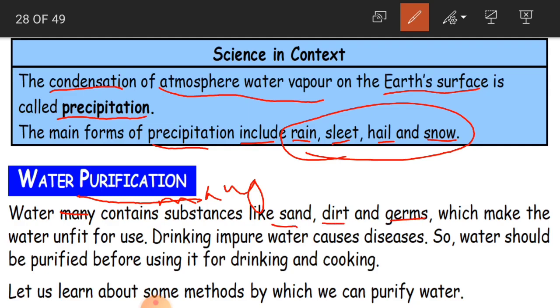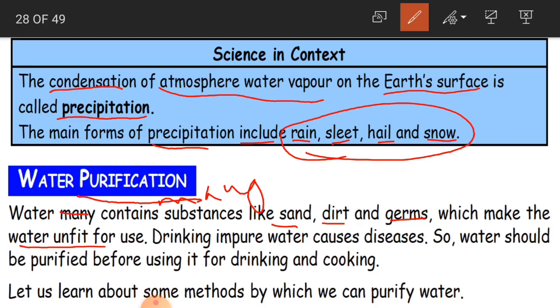If you have observed, children, in the water sometimes we can see germs, and sometimes we cannot see the dirt, but it contains dirt also, and it also contains sand. Because of this, it will not be ready for use. Ready for use in the sense it is not good for our drinking purpose or cooking purpose, because the water is contaminated. Contaminated in the sense it is not pure.